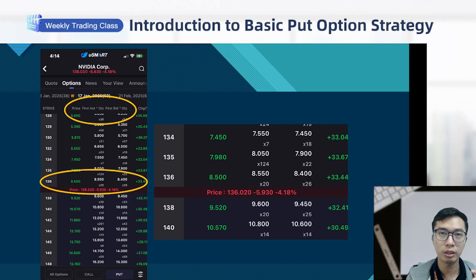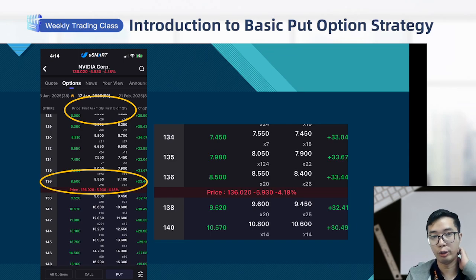The first ask is the price you can directly buy at. Like now it is $8.55. If you want to open this one contract of options, it costs 8.55 times 100. Why 100? Because one contract equals 100 shares. So the premium price here is 8.55.